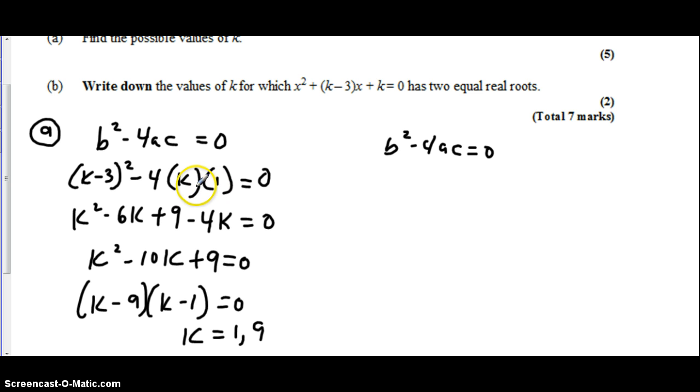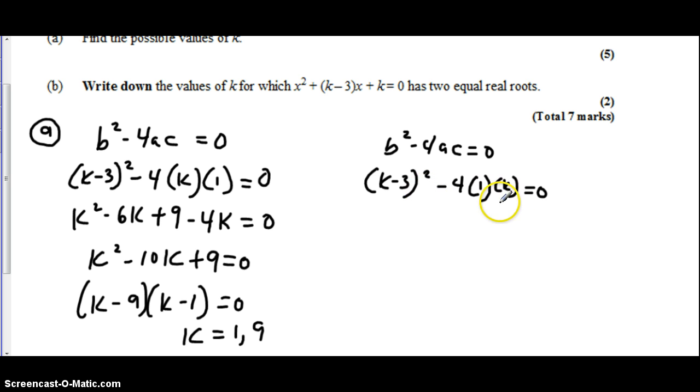So the problem turns out to work out the same, because b is k minus 3, and then you have 4 times a of 1 and c of k.